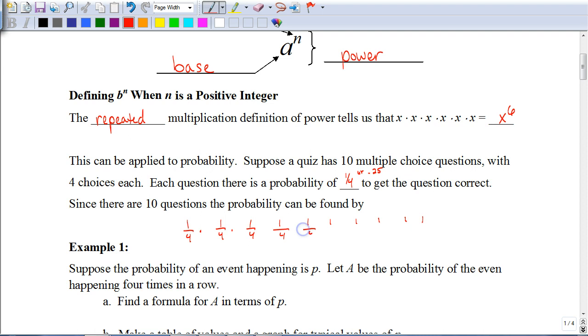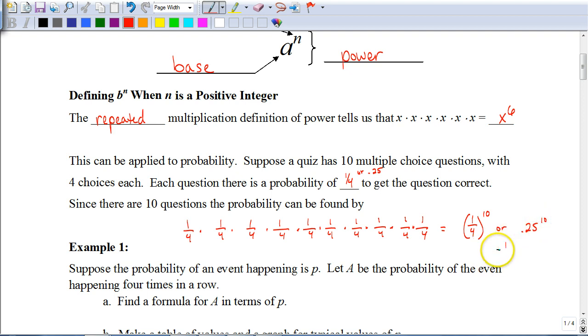So if each question has a probability of 1 in 4, or 0.25, obviously I don't want to sit here and multiply all these together or even list these all out. So a faster way to do this is to use that repeated multiplication definition. And that's saying that if you have a 1 in 4 chance of getting one question correct, if you're guessing, and if there's 10 questions total, it would be 1 in 4 to the 10th power, or you could write it as 0.25 to the 10th power.